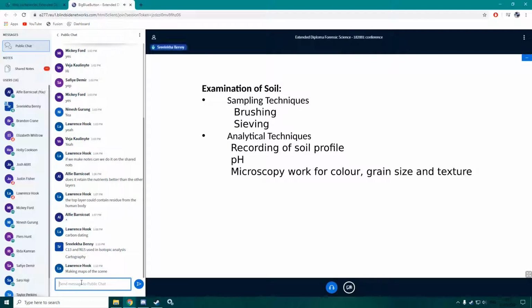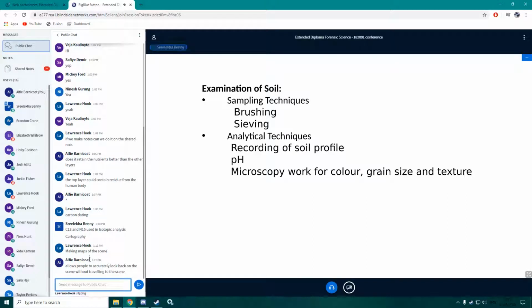Okay, right. Cartography is a kind of mapping, correct. Correct, Lawrence, it's mapping. So what does mapping mean? How does it help? Actually, cartography, we can say it is the study.